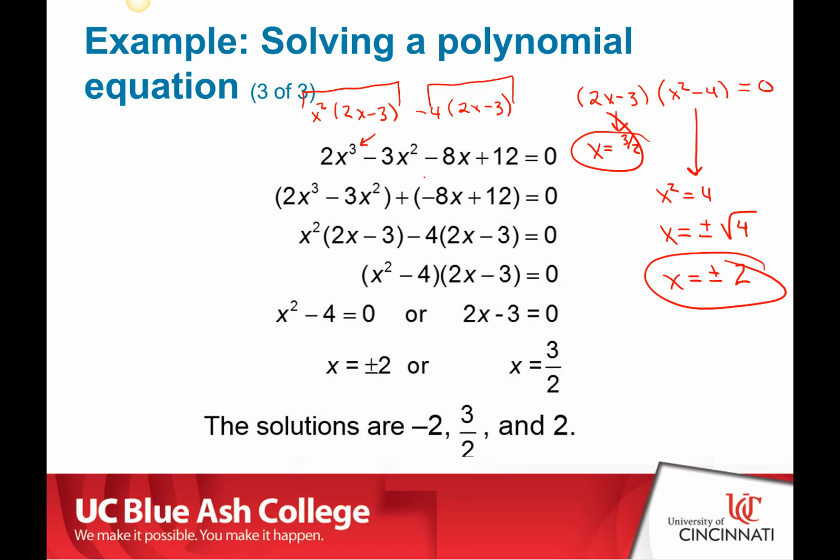Could be one of them's a real root and 2 of them are complex roots, because complex always comes in pairs. But in this case, we're going to have 2 positive roots, aren't we? And if we have 3 total, the other one has to be, as you pointed out earlier, negative.